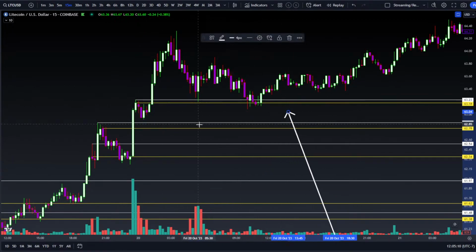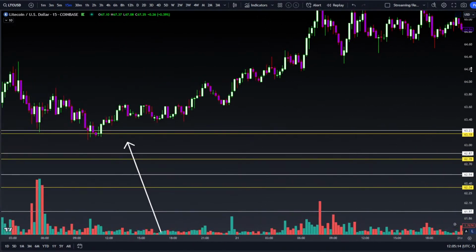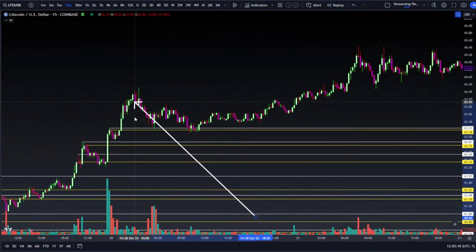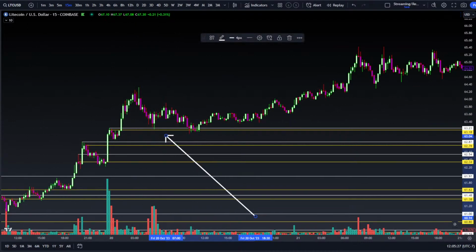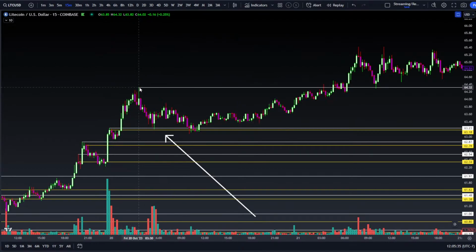That's what I meant to say. Now, that's where you can make an executive decision. In relation to the previous volume that we even have marked, this is higher volume. So it's not the highest volume, but it is higher volume. So in this case, I'll mark the closing high to the wick. I wish there was just a better way to do that, but there's not.